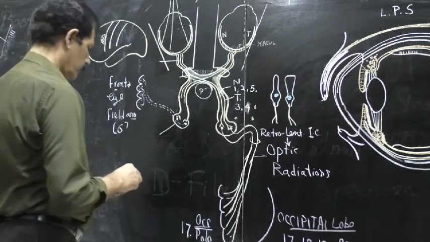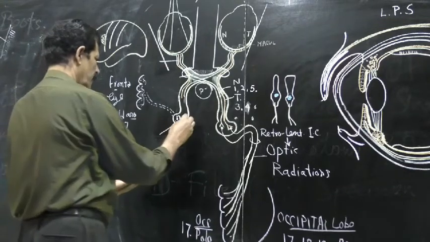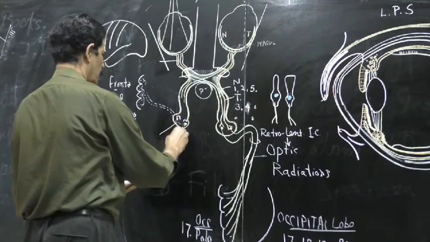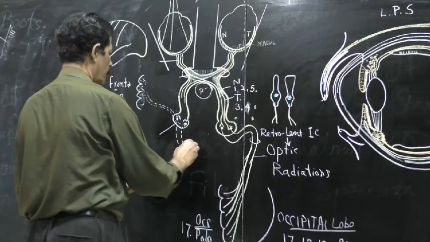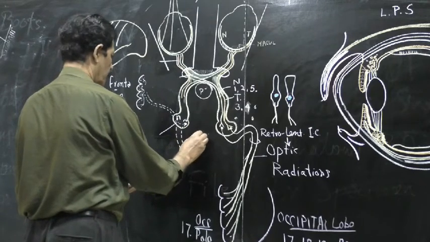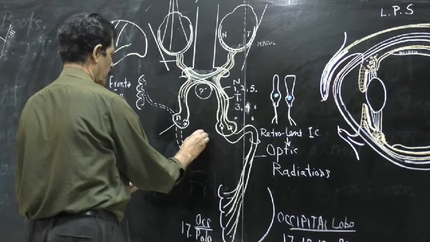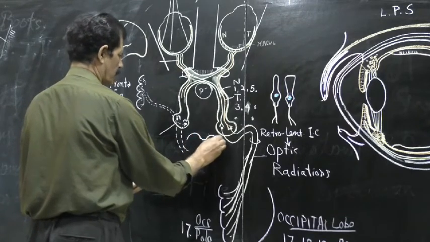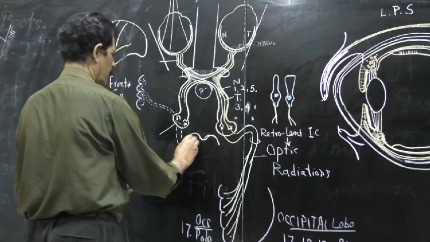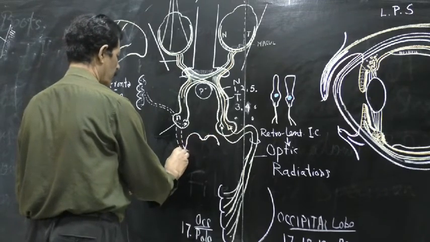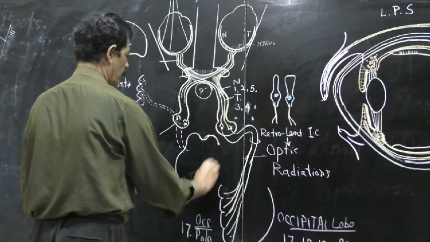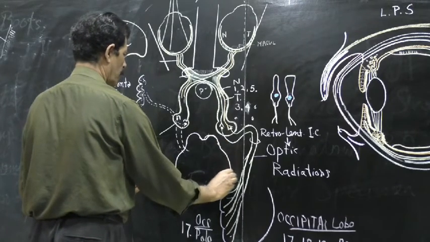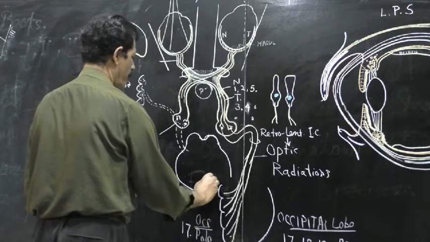Other fibers from this area also go to the midbrain, in the superior colliculus, the tectum part of the midbrain.